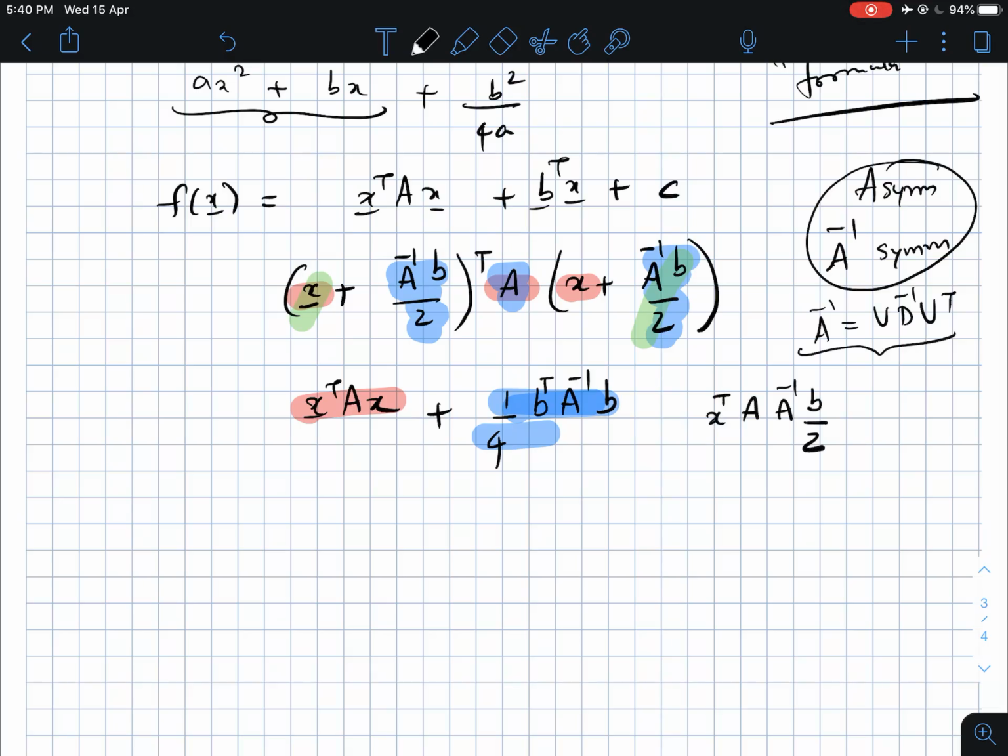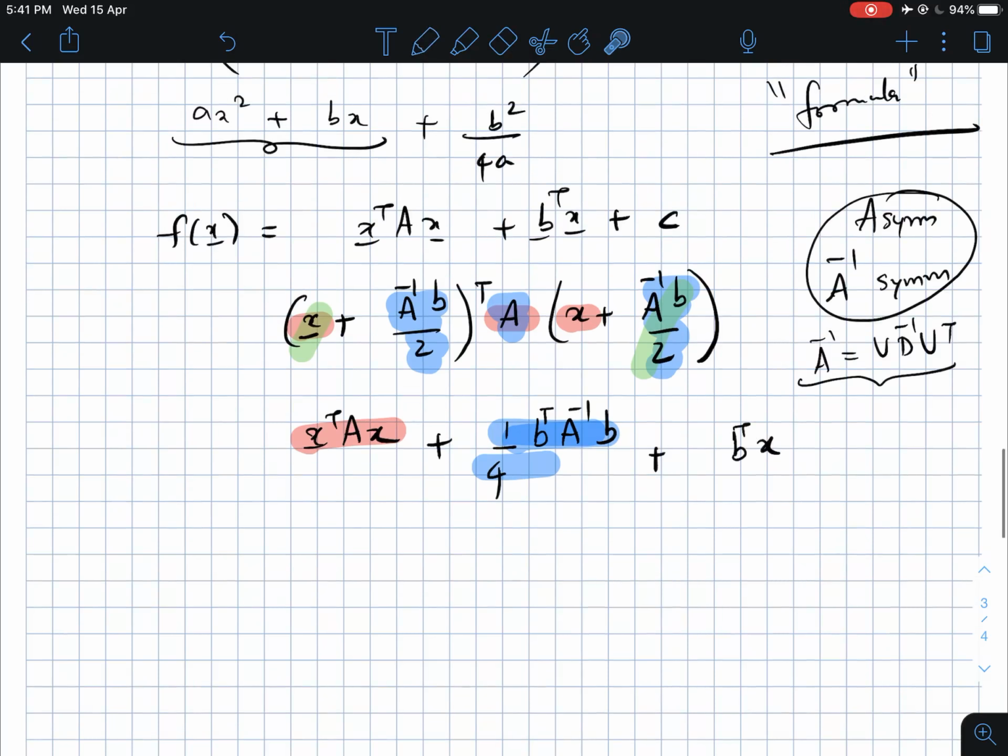That just gives you B transpose x by 2. And similarly, when you take the other cross term, you get the other half. When you do everything, you will actually get plus B transpose x. As you can see here, you've already covered both the quadratic and the linear term, and you are just left with C over here.